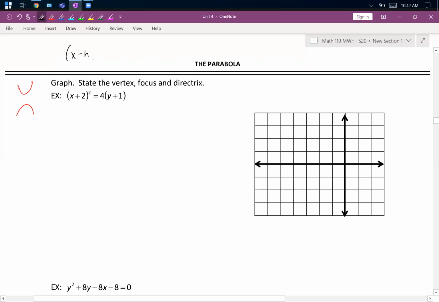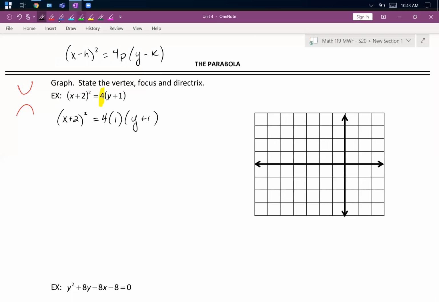We want it to be x minus h squared equals 4p times y minus k. So we're almost there. It's just this thing in front of the parentheses should be 4p. I guess it didn't really matter which order we did this in. So this is like the same as 4 times 1. So it tells us that our p-value is 1. I probably would have found the vertex first, and then gone back and did what I just did.